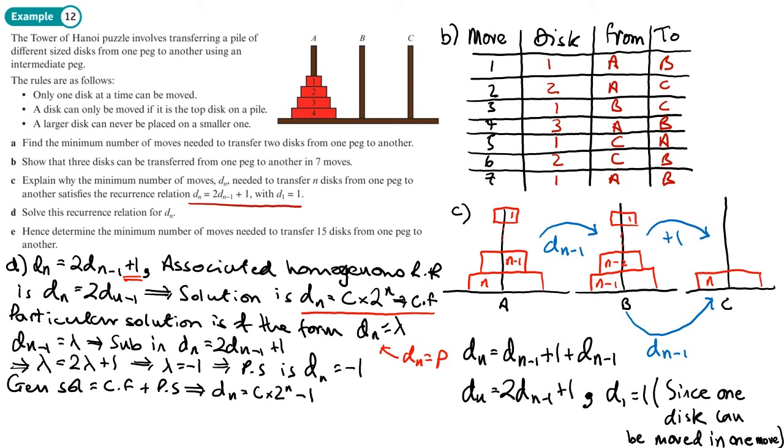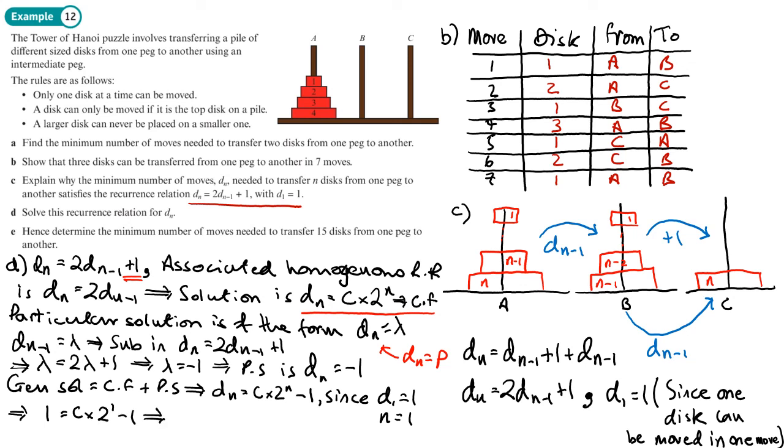Now we can find the value of the arbitrary constant. Since d_1 equals 1, we can substitute that in, and that also means that n equals 1. So we substitute those in, and we will have 1 equals c times 2^1 minus 1.